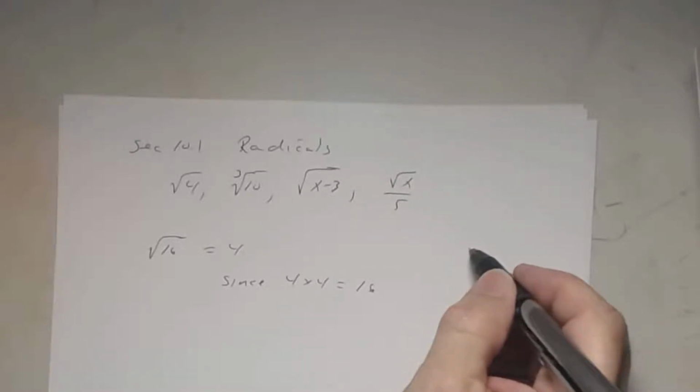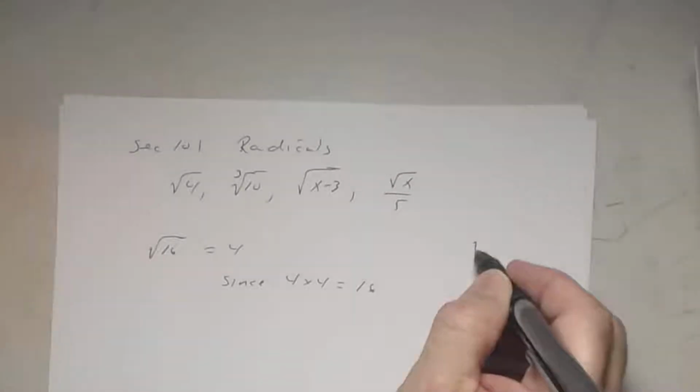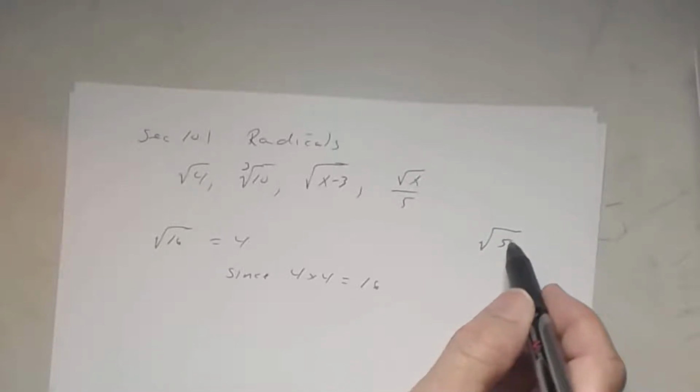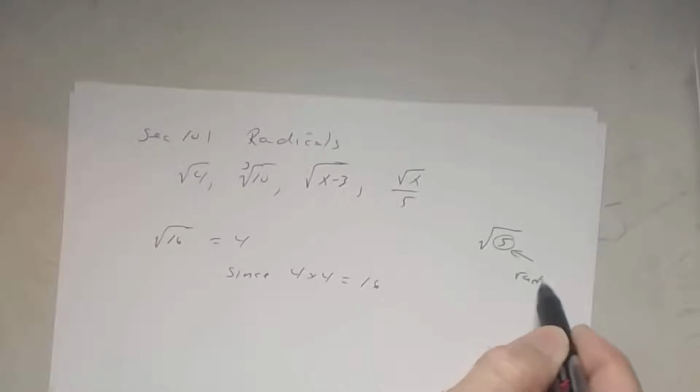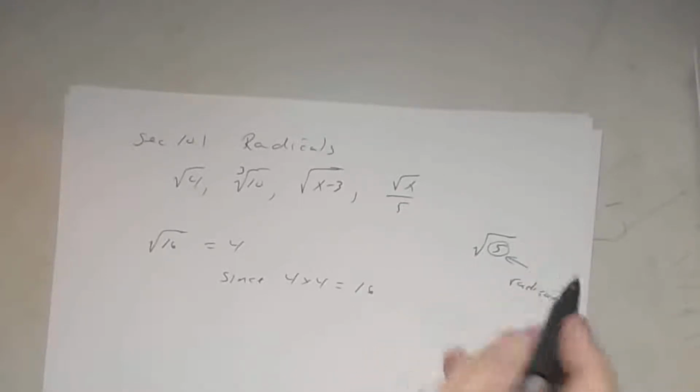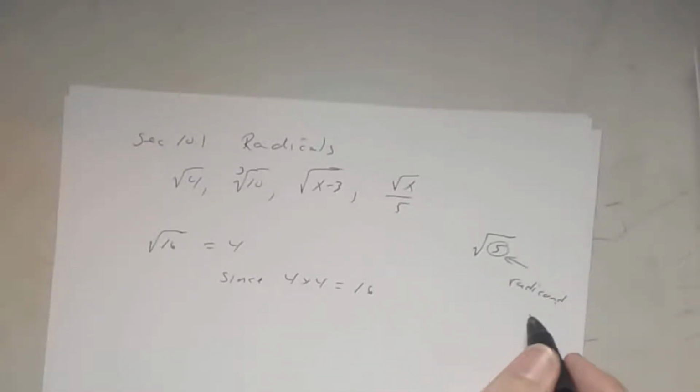Now let's talk about the terminology. In the square root of 5, the 5 is called the radicand. If this was the cube root of, let's say, 6, the 6 would be the radicand.